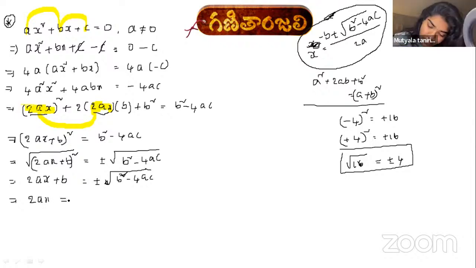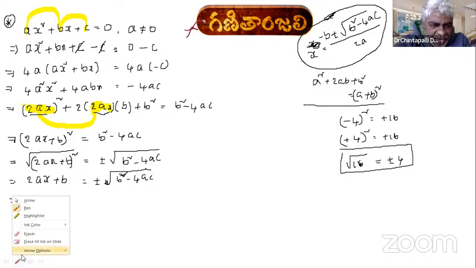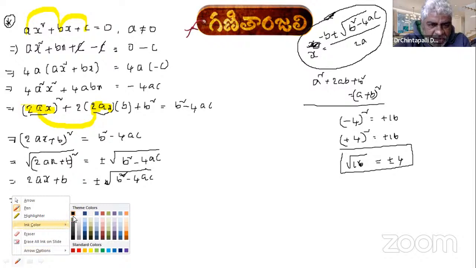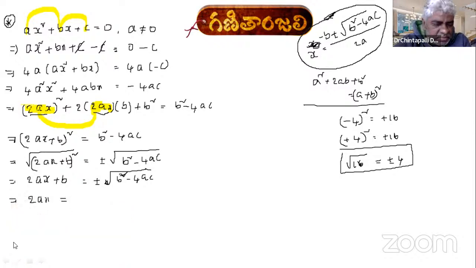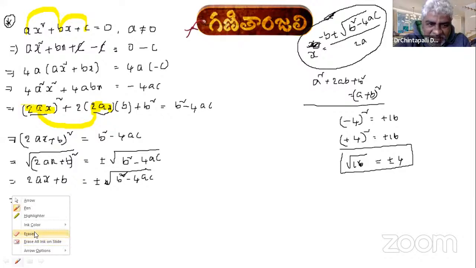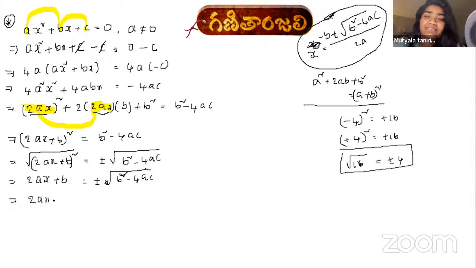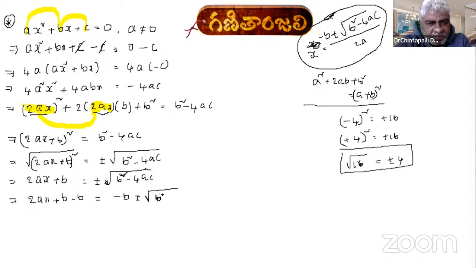I try to teach in our language. That means in the style of the US, not bringing plus b to the right hand side, it is adding minus b on both sides. Am I right? Yes. Actually, it is 2ax plus b, we are adding minus b on both sides. 2ax is equal to minus b plus or minus the square root of b square minus 4ac.